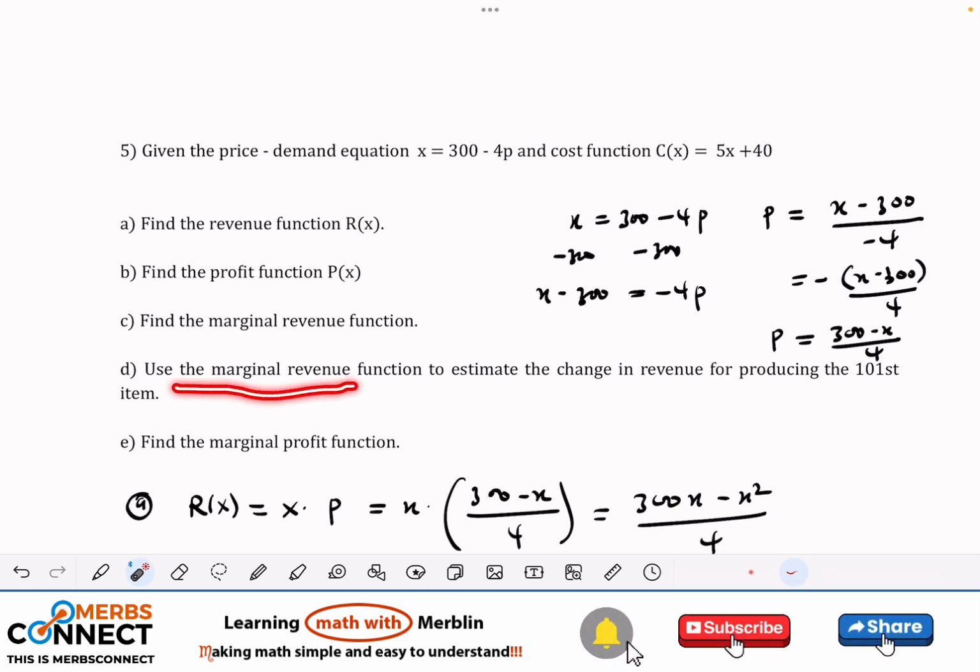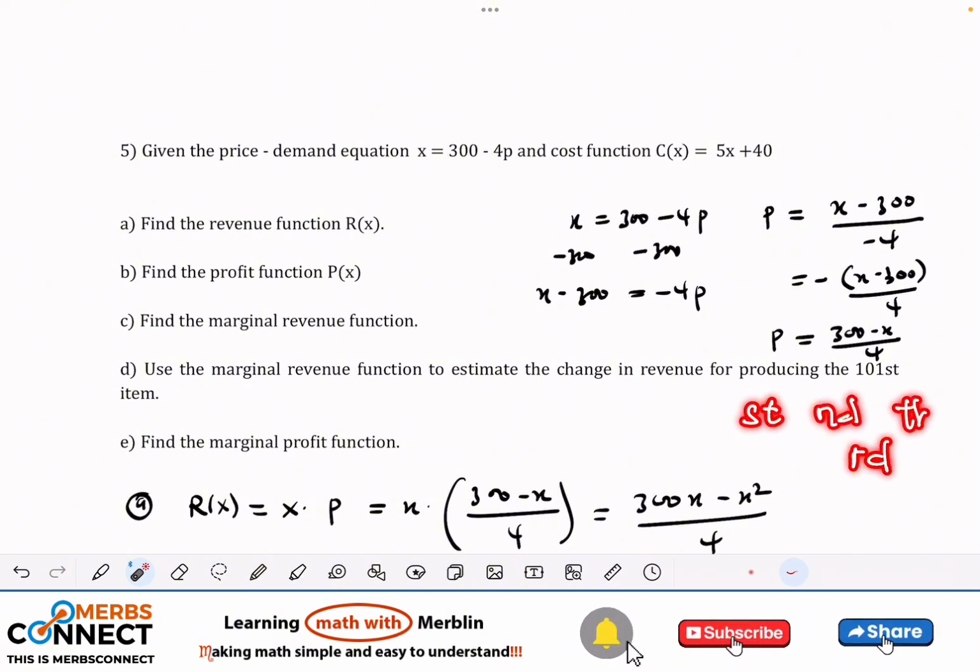Use the marginal revenue function to estimate the change in revenue for producing the 101st item. As I told you, anytime you see something like this, where they've added the first, second, third, or the 10th item, what you are going to do is subtract 1.